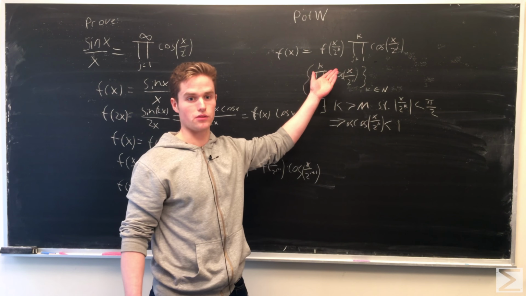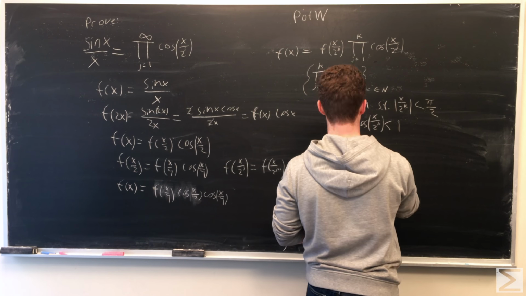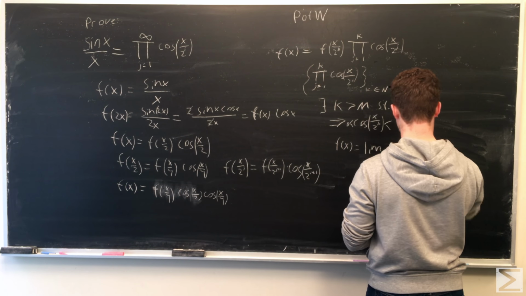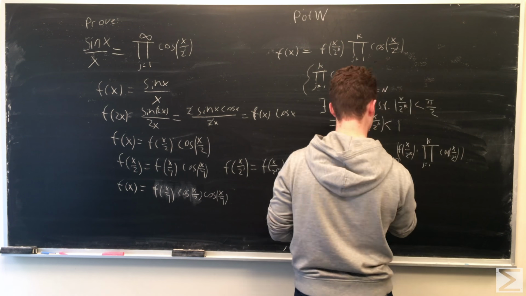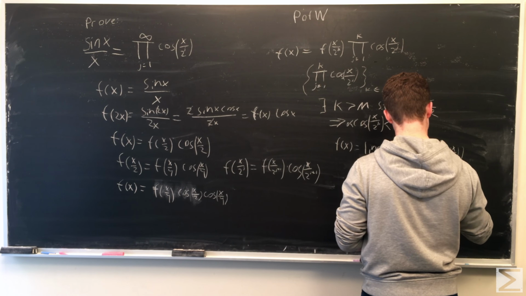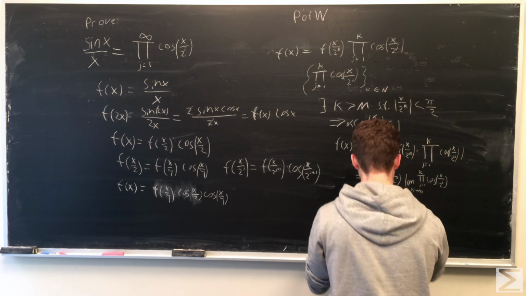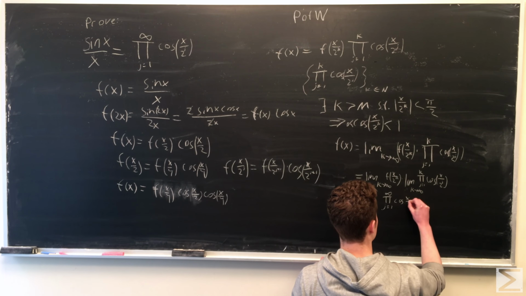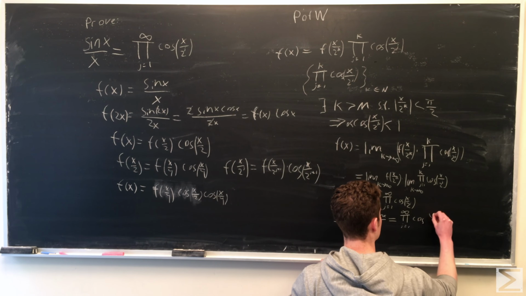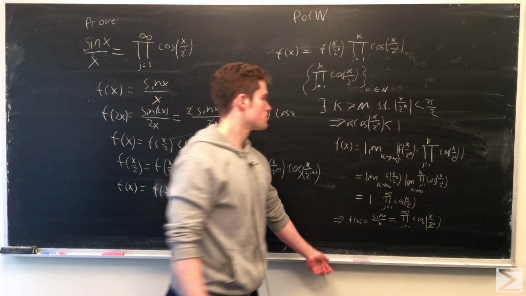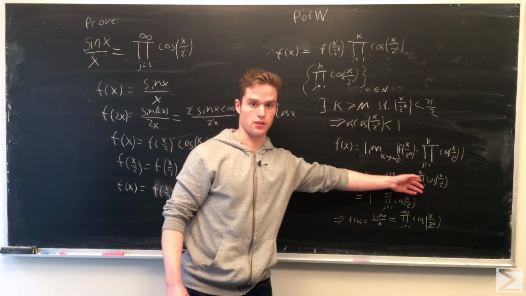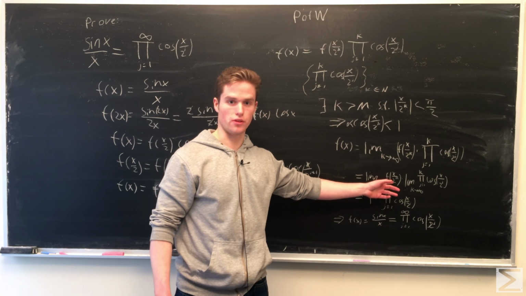So taking k to infinity, the limit of this whole thing is the limit of the thing on the left times the thing on the right. f of x over 2 to the k goes to 1.